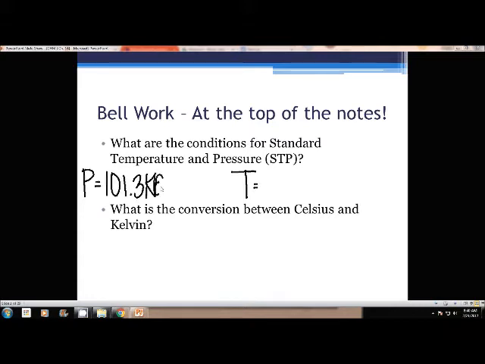And that was KPA. 760, what was the unit on that one? mmHg, millimeters of mercury. We're not going to use that with STP this time. But then the atmospheres, ATM, was the other one. What was the number with the ATM? 1 ATM. Yeah. So if I ever say standard pressure, you're going to pick one of those two.